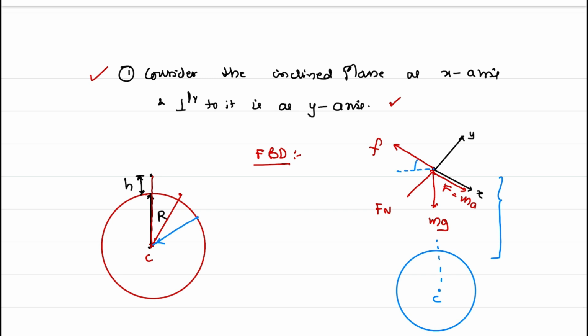This angle is theta. Recollect your trigonometry.